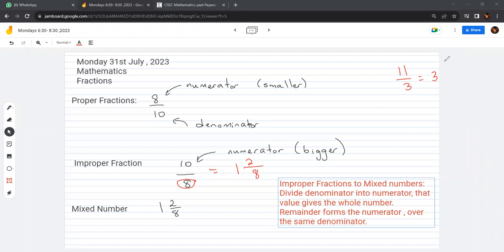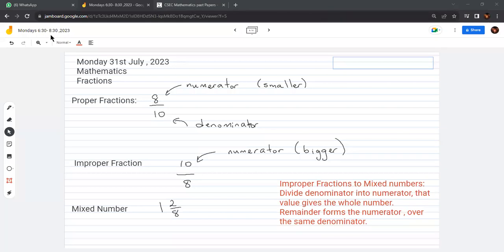So the remainder of 2 is going to go over the same denominator. All right, so I'm pausing here for now to make sure everyone is with me.